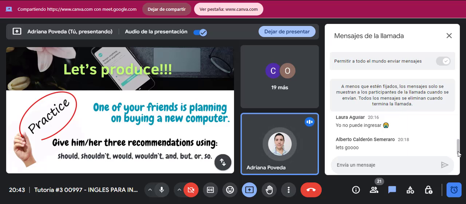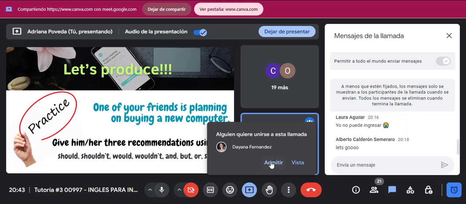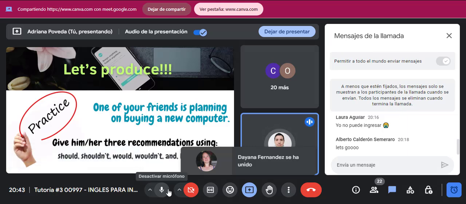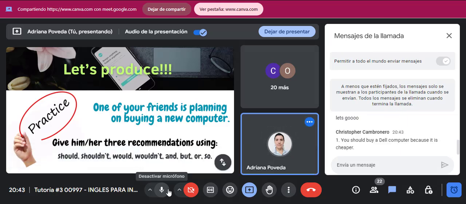Y lo mismo con los conjunctions. Traten de no repetirlas, sino de usar en cada una de las oraciones al menos un conjunction y al menos un modal verb. Entonces ahí les voy a dejar el chat abierto para el que quiera que le revise las oraciones o si quieren hacerme alguna consulta unos minutitos, y ya después podemos pasar a otras preguntas que tengan de la unidad 4 y 5.